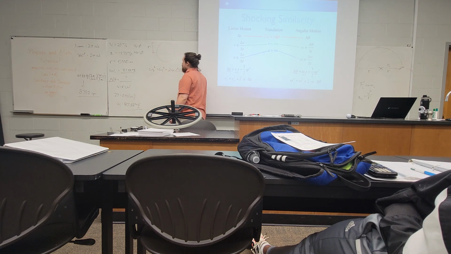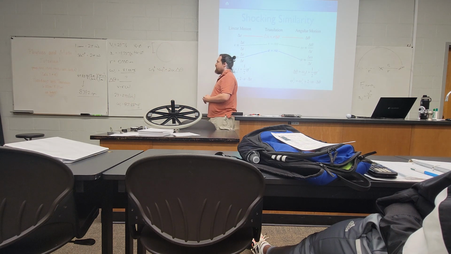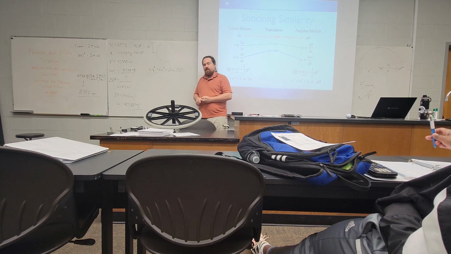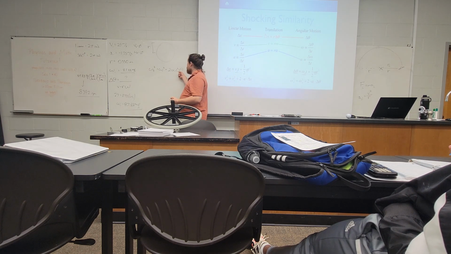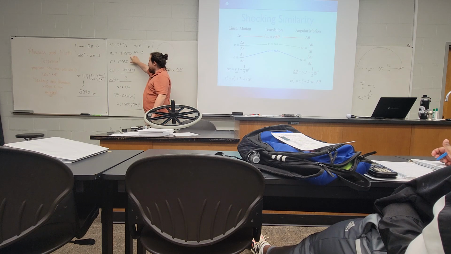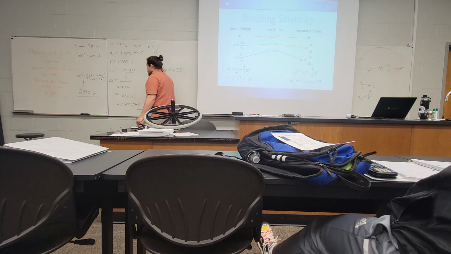So the angular version of the formula is omega final squared equals omega initial squared plus 2 alpha delta theta. We want delta theta, we've got these two, we need alpha first. But that's just the angular counterpart to our linear acceleration conveniently.